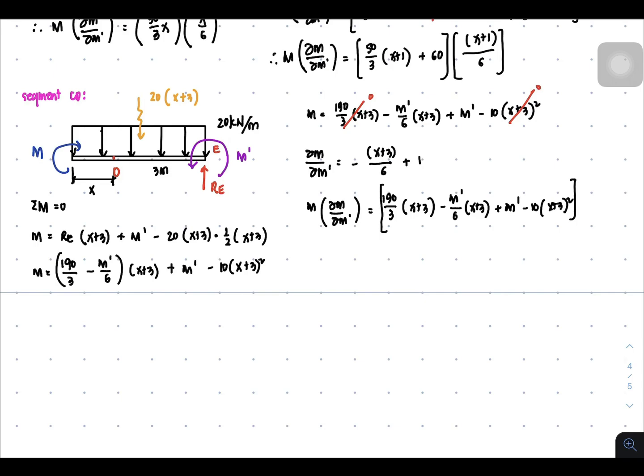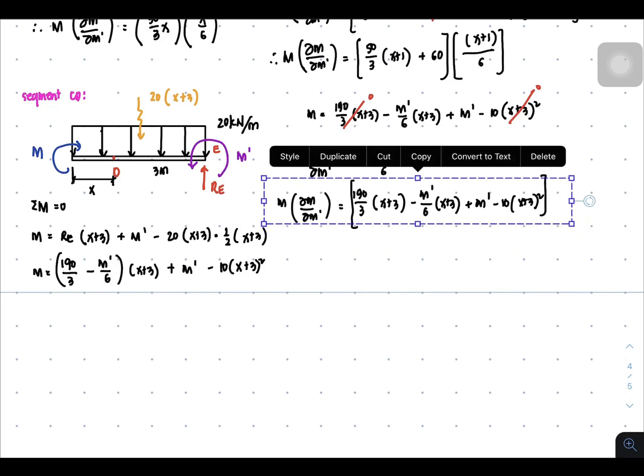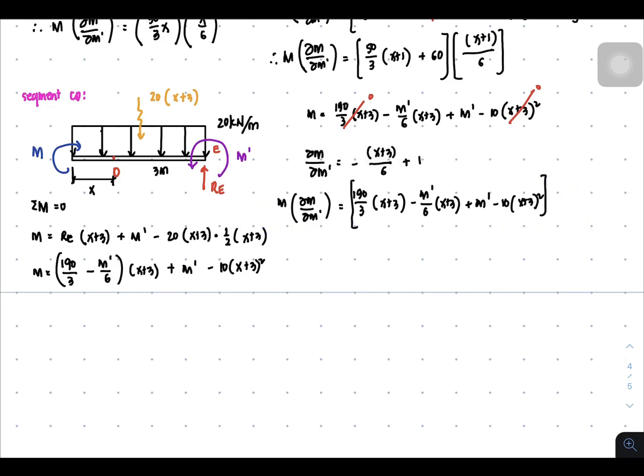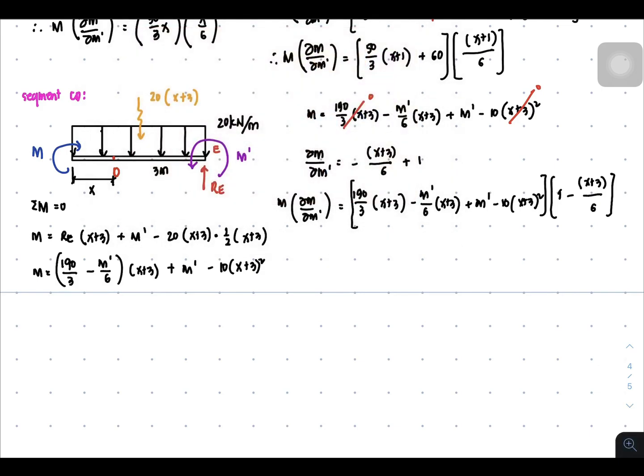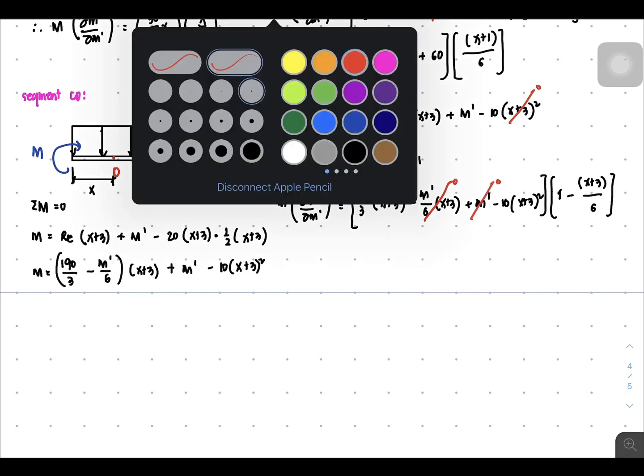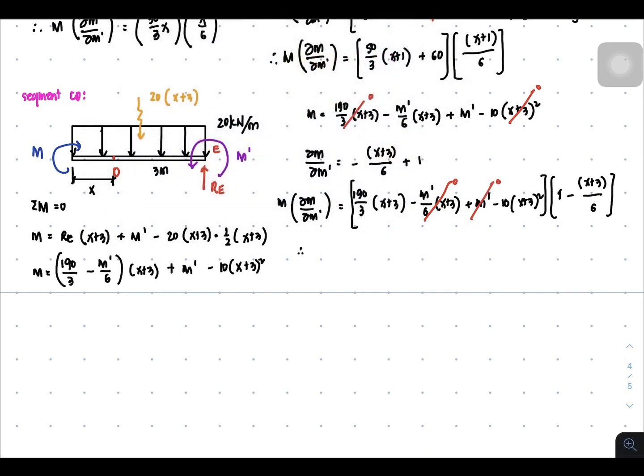And do not forget to multiply them. So can I just transfer them a little bit closer here, since we will be having the next one, which is 1 times, I'm rearranging by the way, x plus 3 over 6. And then this time, those terms with M prime will now be permanently set to 0.